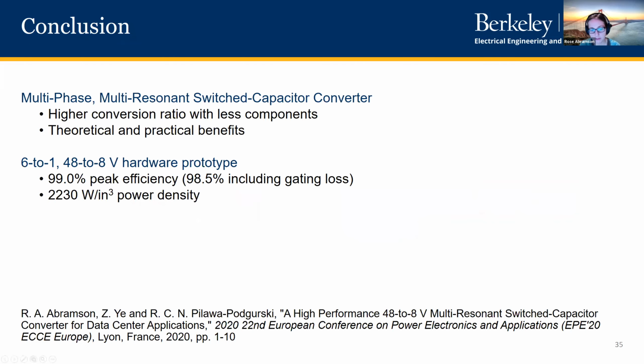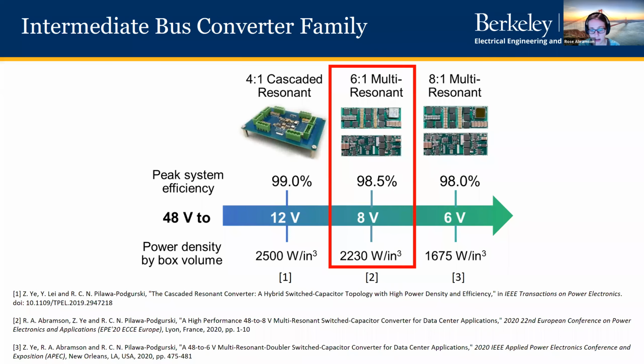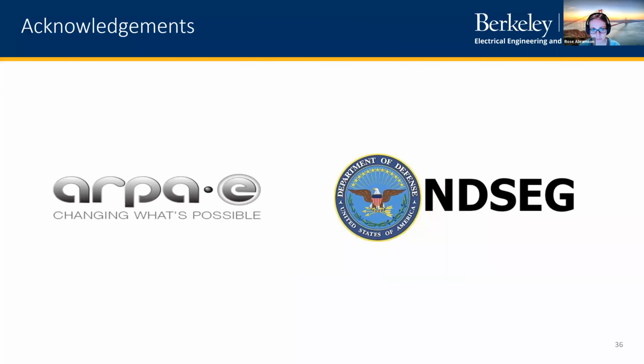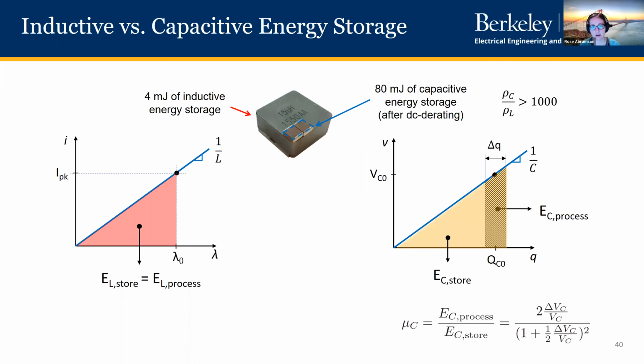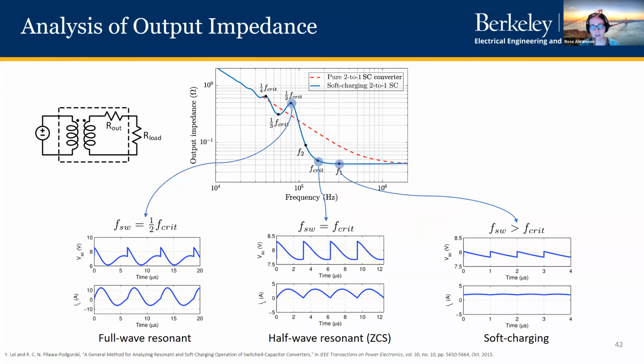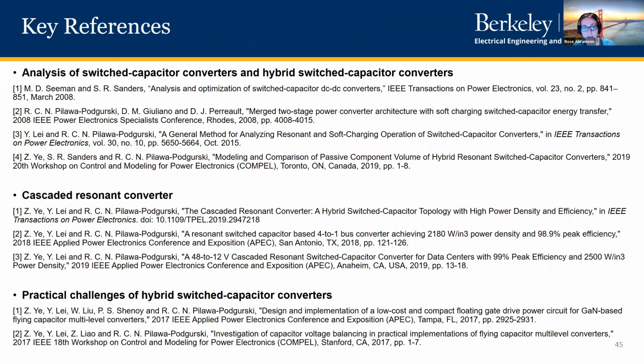So these three papers cited here are for the 4-to-1, 6-to-1, and 8-to-1 topologies. And if you're interested in the background of the hybrid switch cap work, these are a lot of good references.